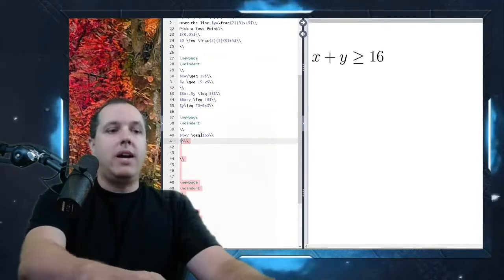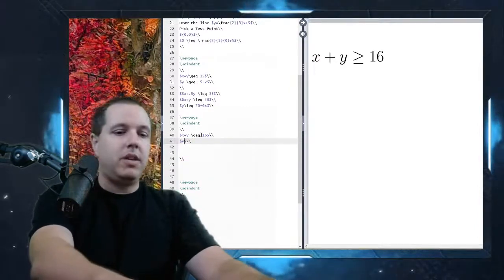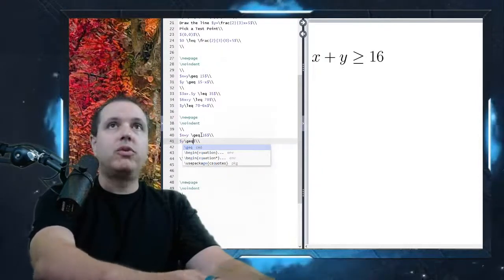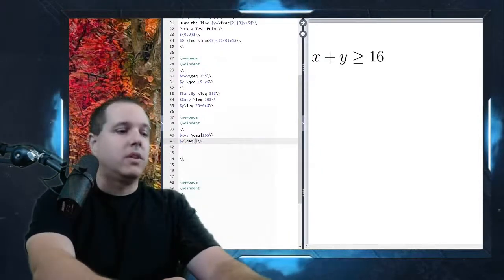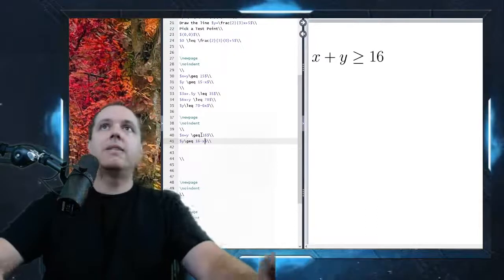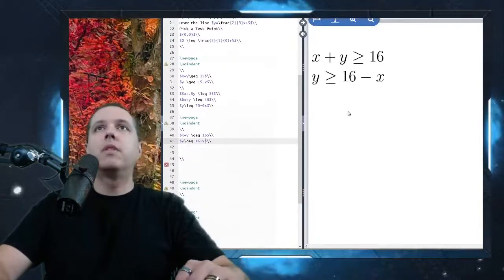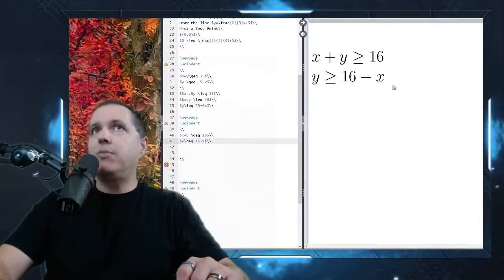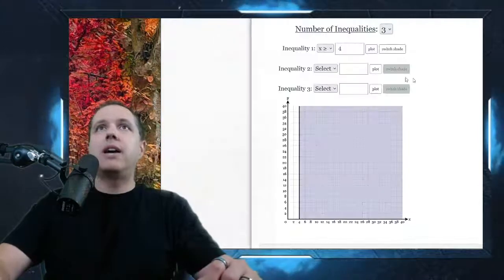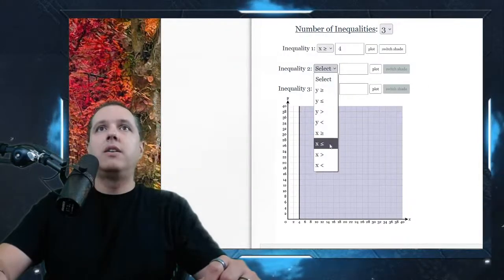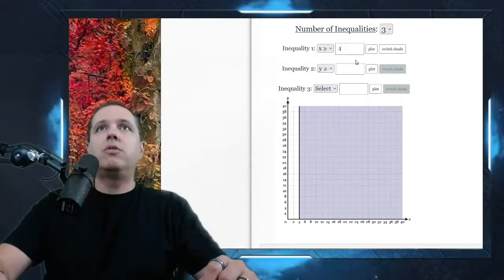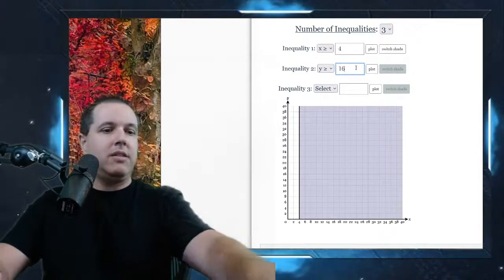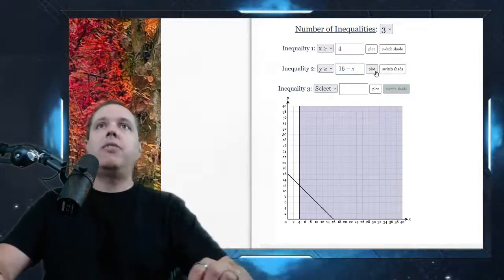Meaning that Y should be greater than or equal to 16 minus X. So Y is greater than or equal to 16 minus X, and we plot that.